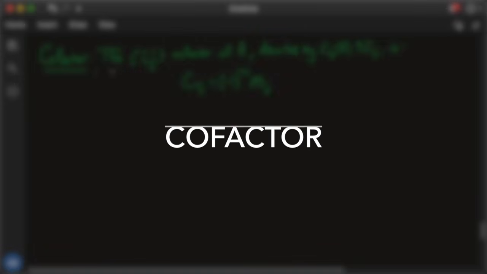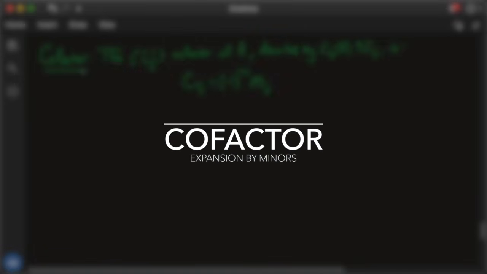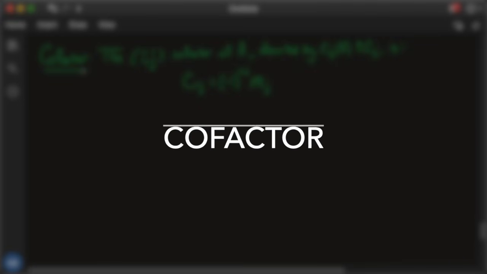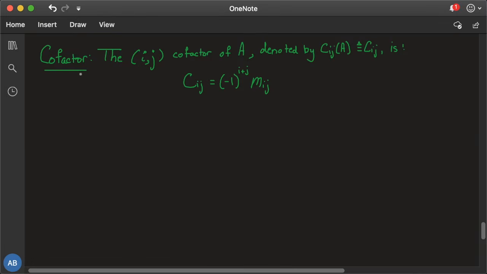Now let's define a term that will turn out to be useful in computing the inverse of a matrix, and thus the term cofactor. The ij cofactor of A, denoted by C subscript ij of A, or simply Cij if we're talking about one matrix, is nothing other than minus 1 to the power i plus j times Mij. And thus, the determinant could also be expressed in terms of cofactors.